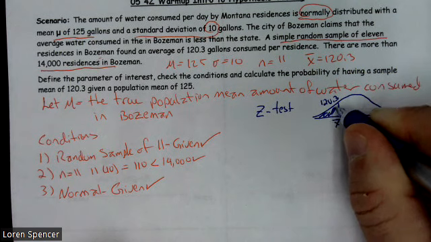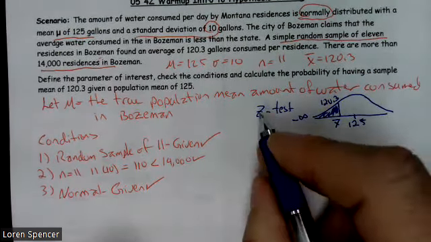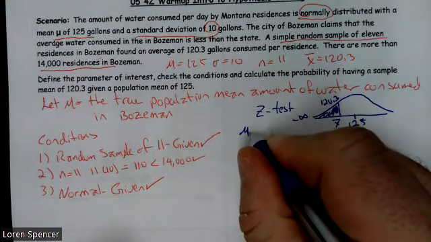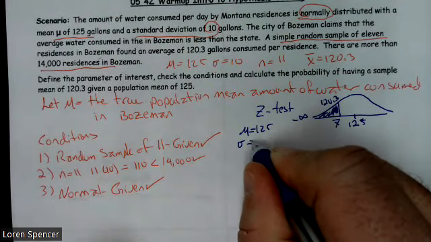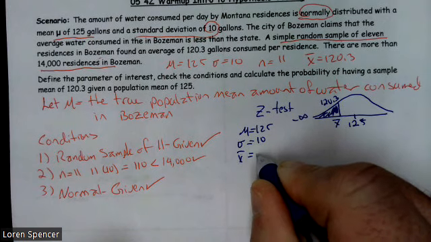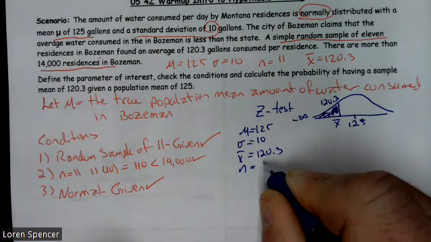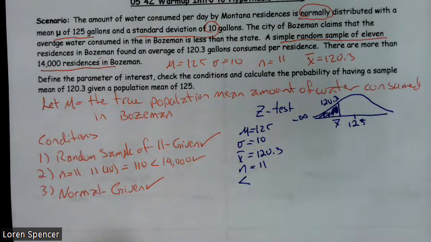So we're looking for the probability that is that or less. Our calculator is going to ask for the mean, 125, the standard deviation, 10, the x bar, 120.3, and the sample size, which is 11. And then it's going to ask us which way to shade, which is that.